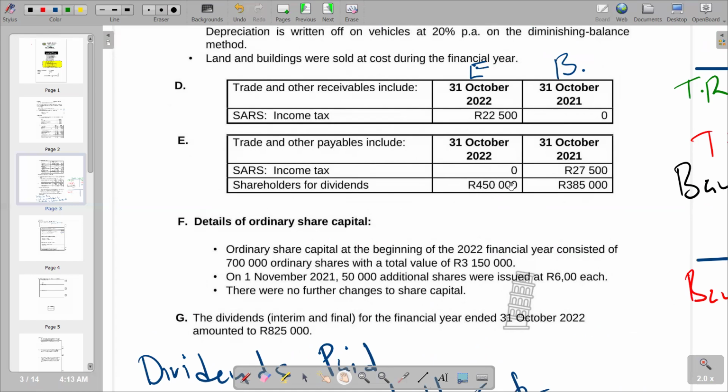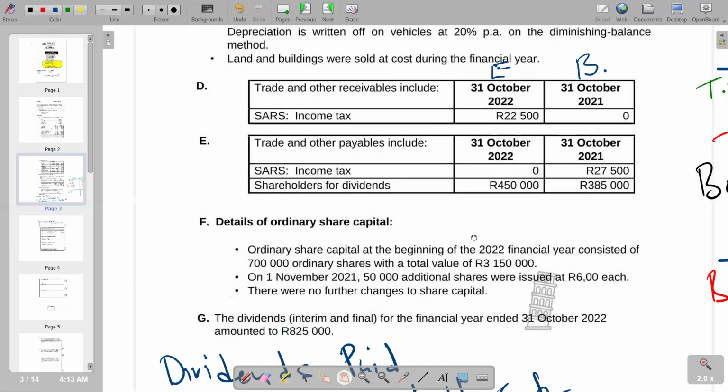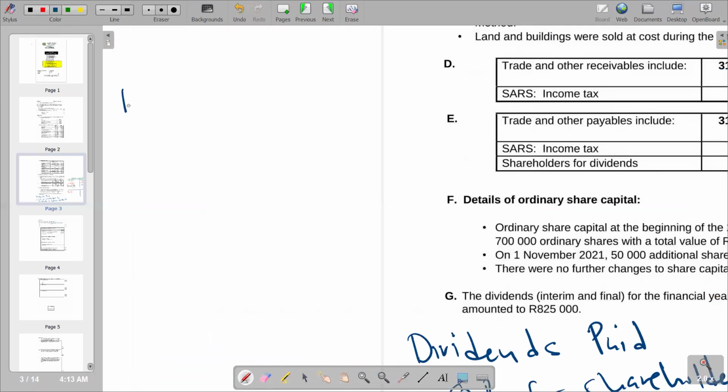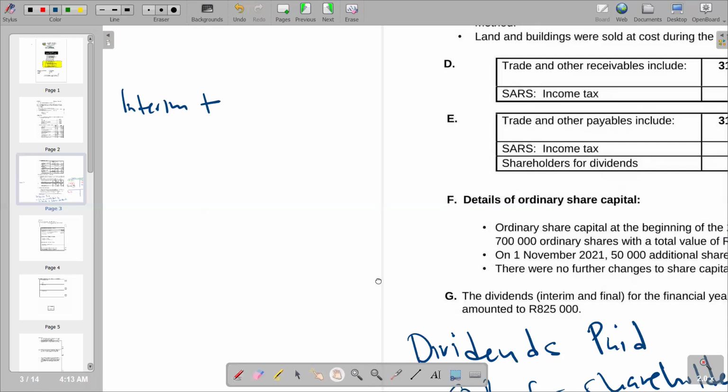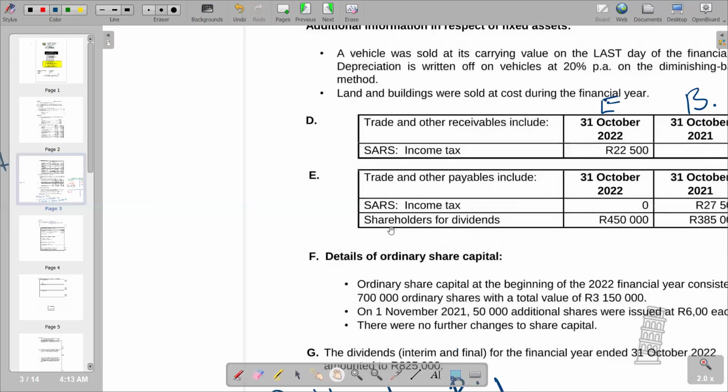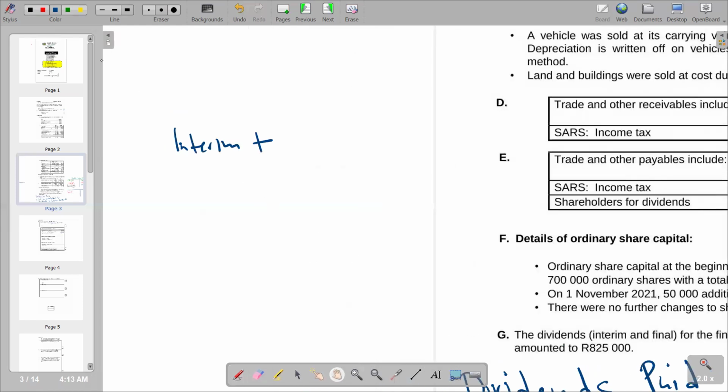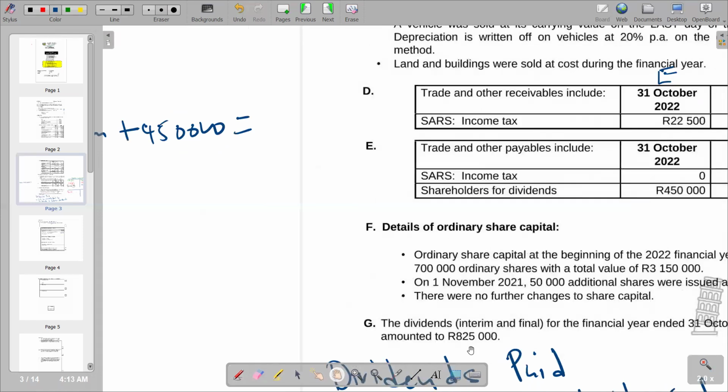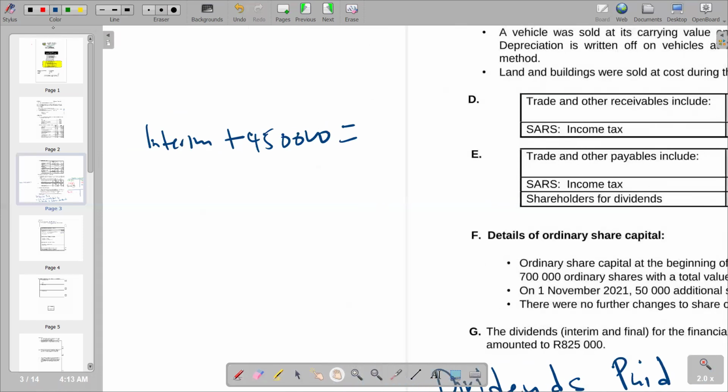So we say 450,000 plus the interim. Remember, this is the final. If you add the interim, you get 825,000, of which the interim is not given. So we say our interim plus the final that we are given, 450,000, gives the total dividend that we are given, 825,000.